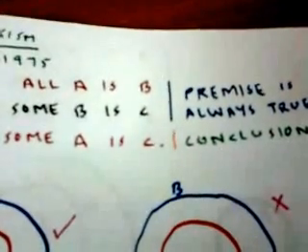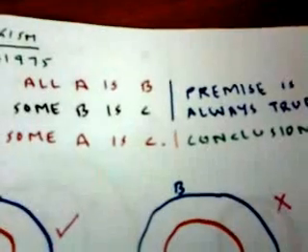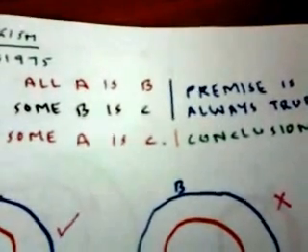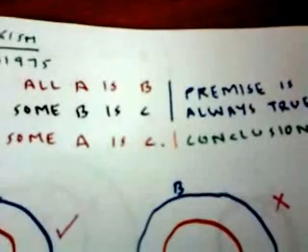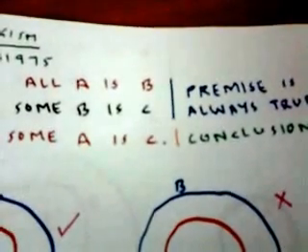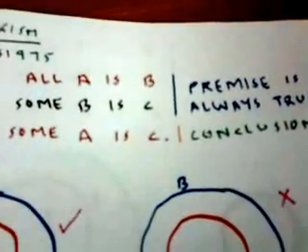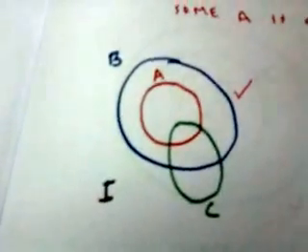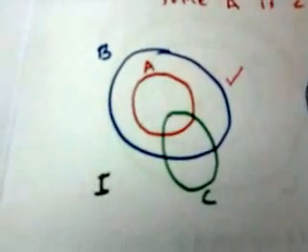Even in one situation, if the third statement is not true, based on the first two statements, then we will say that the conclusion is invalid. Now let us see how we go about solving this problem. All A is B. Let us look at figure 1. The figures are drawn based on the first two statements.